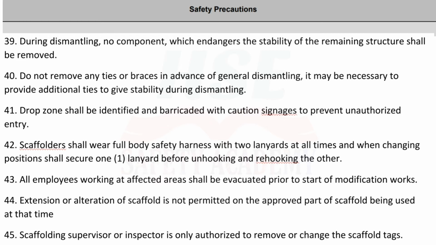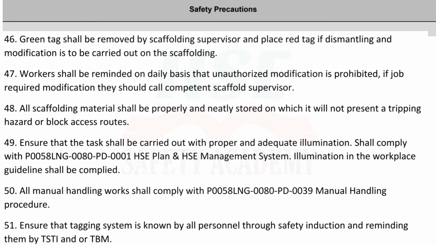45. Scaffolding supervisor or inspector is only authorized to remove or change the scaffold tags. 46. Green tag shall be removed by scaffolding supervisor and place red tag if dismantling and modification is to be carried out on the scaffolding. 47. Workers shall be reminded on daily basis that unauthorized modification is prohibited.